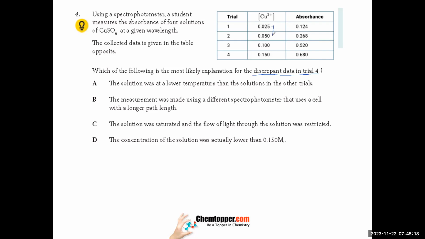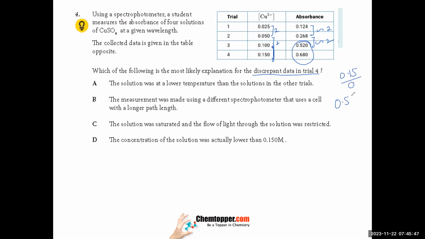So as the concentration is doubled, absorbance is nearly doubled, nearly, right? This is doubled. This is nearly doubled. But is this doubled? This one? This is not doubled. How many times has it increased? 0.15 divided by 0.1, 1.5.